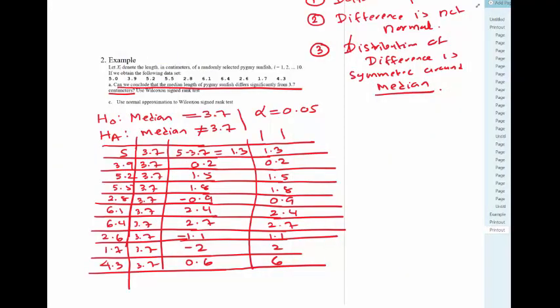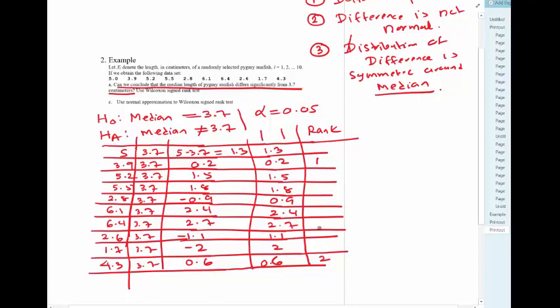Okay, so now once I have the absolute values, I'm going to rank those values. Which one is the smallest? It looks like this is the smallest, so it's 1. Then the next smallest one looks like this one. So that's 2.